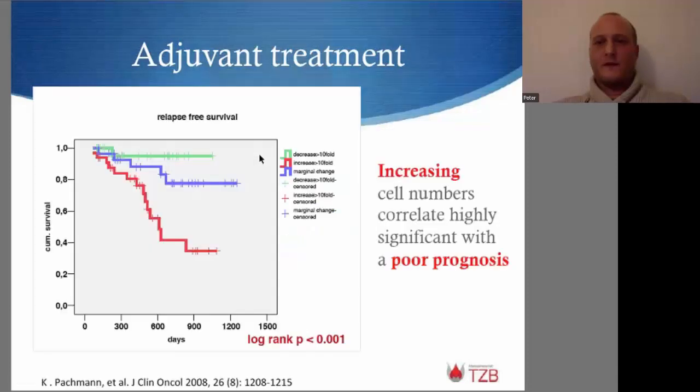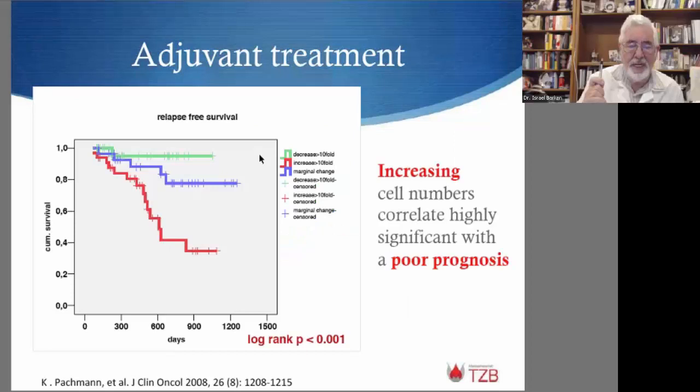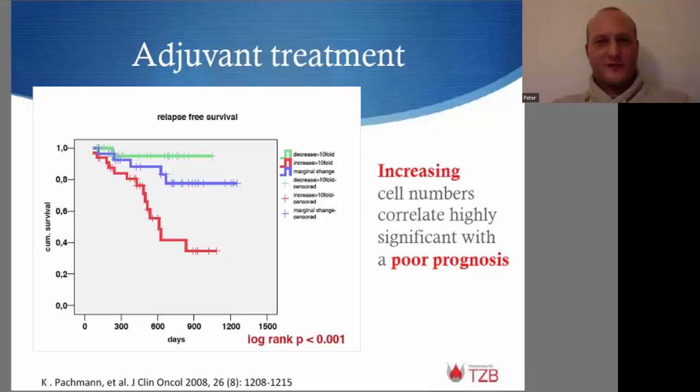Let me interrupt you just a second to clarify one point. When you catch a number of cells on one test, how many cells do you catch? Because in the regular CTC in the States, we talk about more than 5, less than 5. What are the numbers that you actually see? So let me change to another presentation.